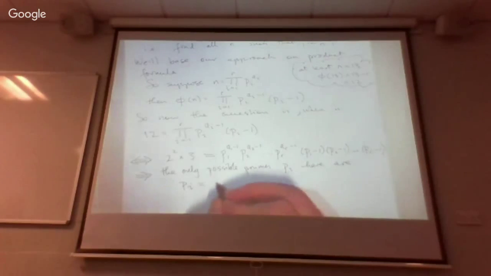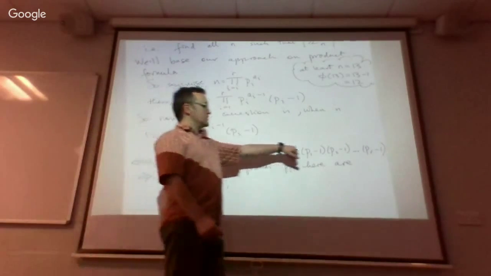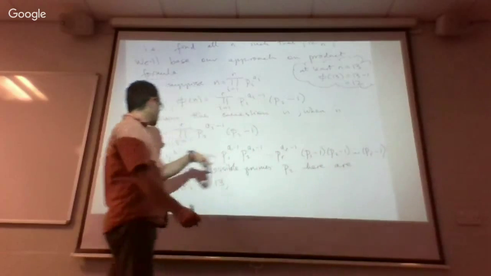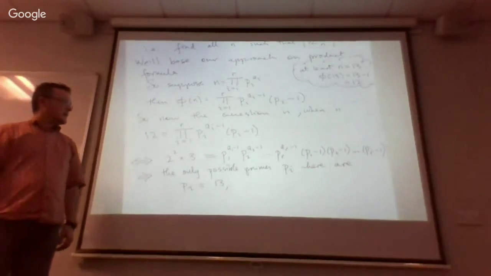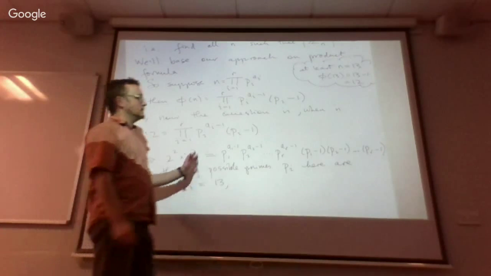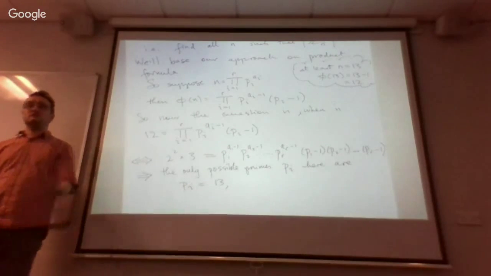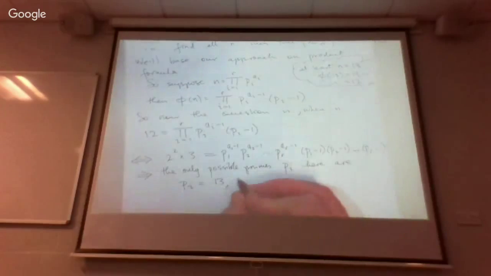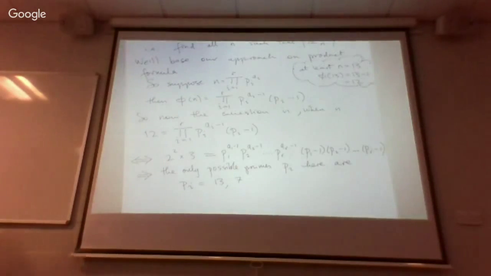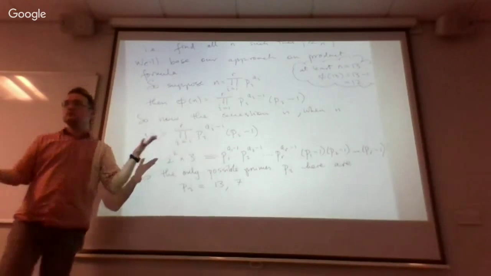Well, certainly the prime 13 could be allowed, because 13 would produce the factor 13 minus 1, so 12 here. What other primes might be allowed? 7. If 7 were part of n, it would produce a 6 over here, which is allowed. Any more?